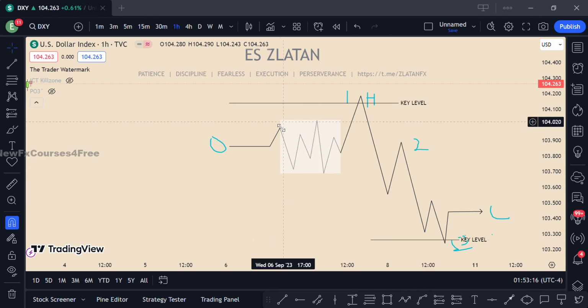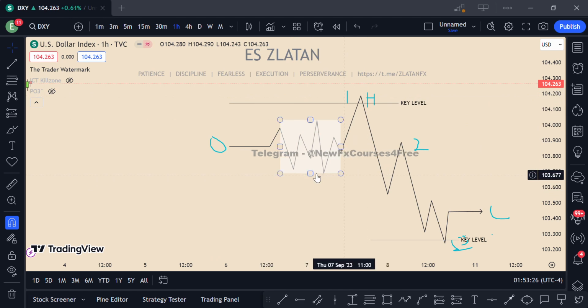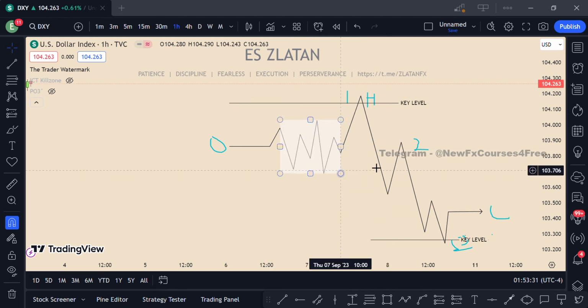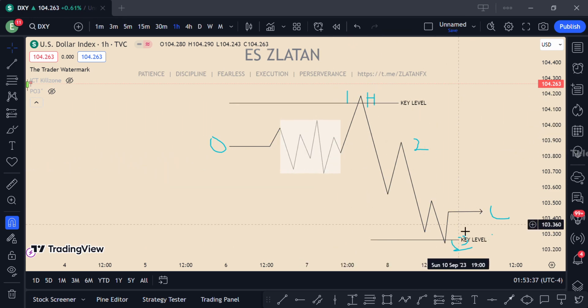So the high was taken into a key level and we flush. This alone is enough, right? You catch the high and then you ride it back to the 50% or back to the range low right here. That's enough. If you could catch one of these, one, two, three, you are good to go. You don't need to catch all of them, right?